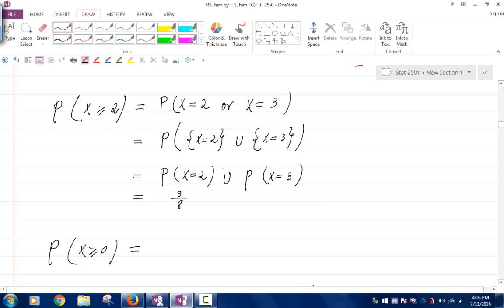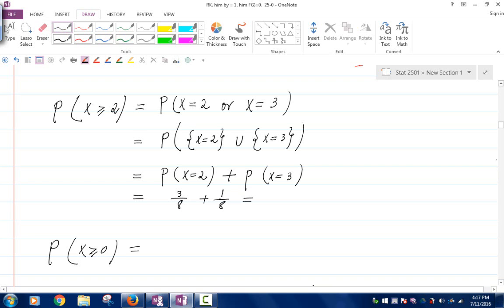Sorry, there is a typo that I made here, so this will be a plus. The reason is the event that X is 2 and the event that X is 3 are disjoint, so I can add the probabilities. The probability that X is 2 is 3/8, and the probability that X is 3 is 1/8.